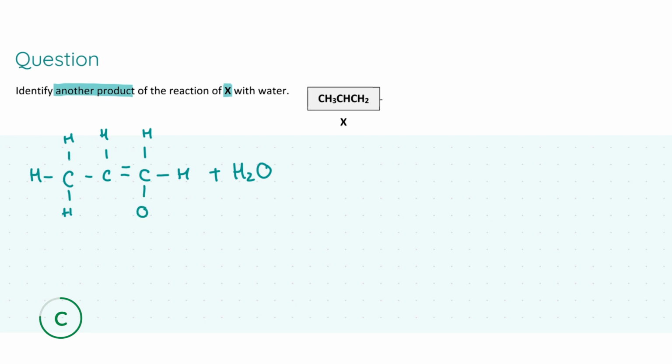So this is going to go OH. I'm going to take away the double bond and put in the H here. So that's just propan-1-ol. That's our answer. Propan-1-ol is when the OH is attached to the first carbon atom and not the middle one. For that, we're going to get 3 marks.